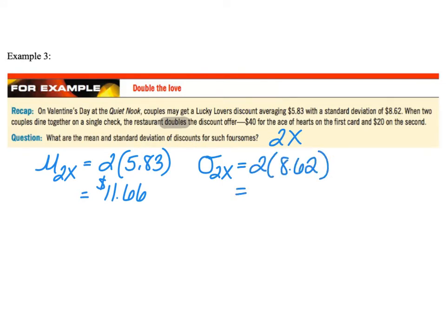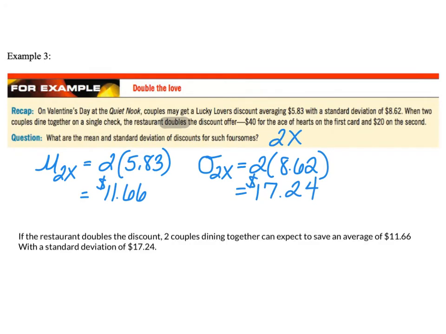So it's only adding and subtracting that doesn't change the spread of data. So this would be $17.24. So if the restaurant doubles the discount, two couples dining together can expect to save an average of $11.66 with a standard deviation of $17.24.